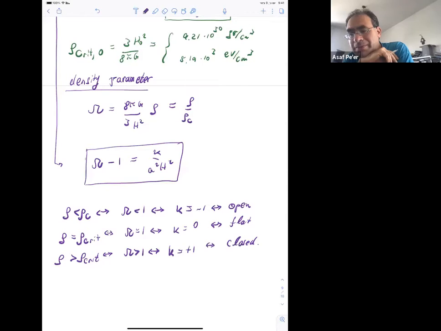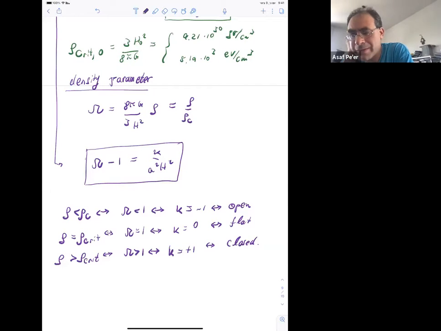So the value of omega, the density parameter, is something which we can measure in principle. If we know what happens in the universe, if we know the expansion rate and the energy content of the universe, that tells us which of the 3 possible geometries described by the Robertson-Walker metric we actually live in.